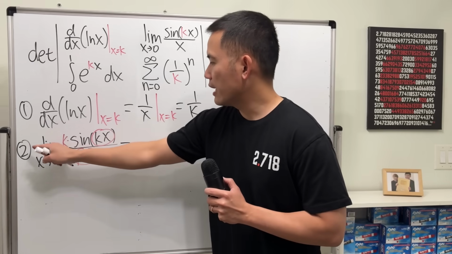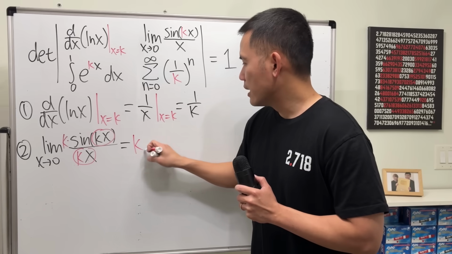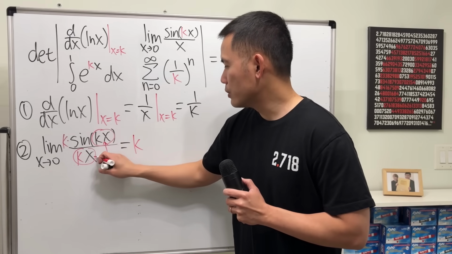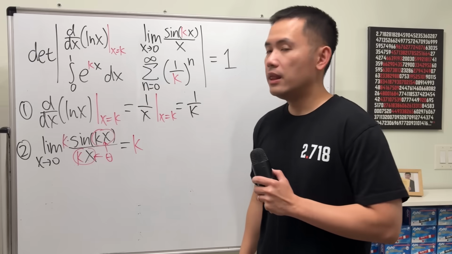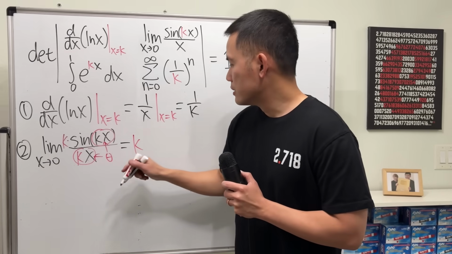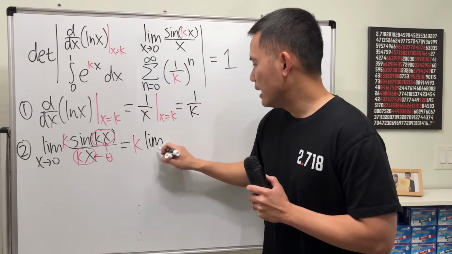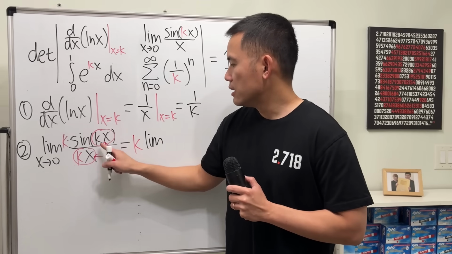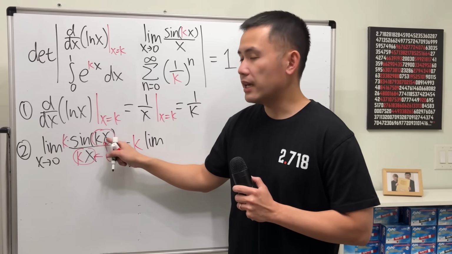Now, put the k to the outside like this, and then this and that, because they are the same, I'm going to call this a new variable, let's say theta. So we will have the limit as x approaching 0, but theta is equal to kx.